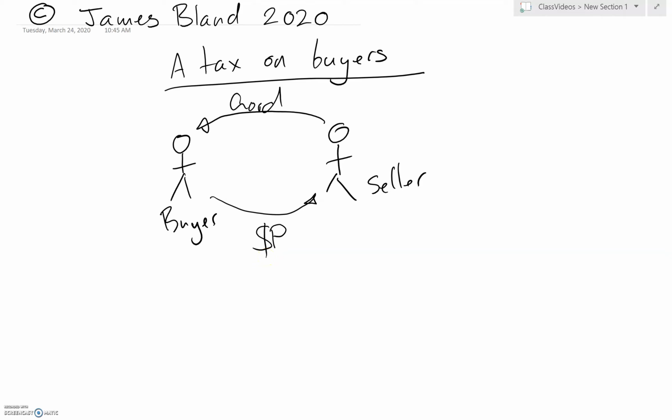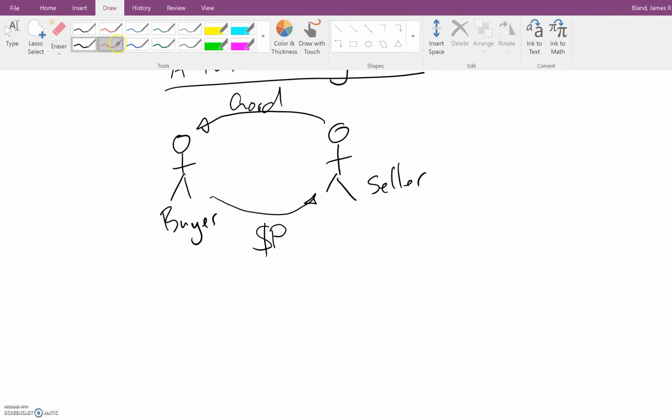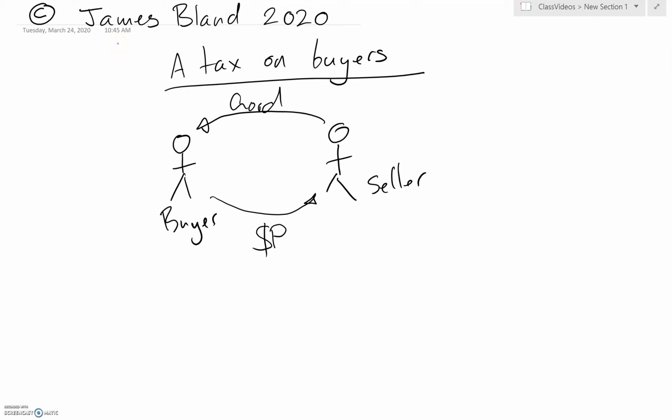Now, this is what happens when the government is not involved, but if the government is imposing taxes on the buyer's side of the market, then this is essentially passing a law that says for every item that is sold, so for every item that goes from the seller to the buyer, a tax, a value of the tax, has to be sent to the government.